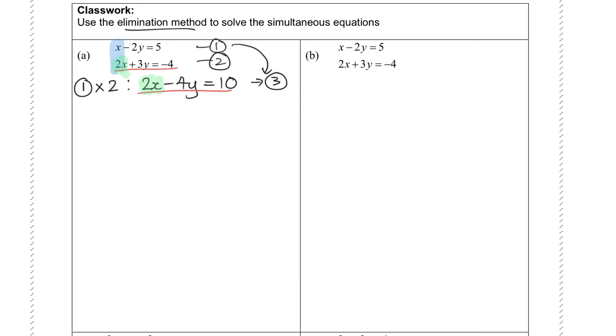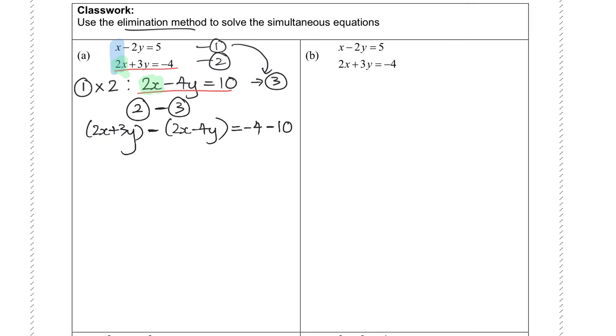And because now they're the same, I can take equation 2 and I'm going to subtract away equation 3. So I will get 2x plus 3y, subtracting away 2x minus 4y from equation 3. And on the right hand side, equation 2 of minus 4 minus a 10 from number 3.